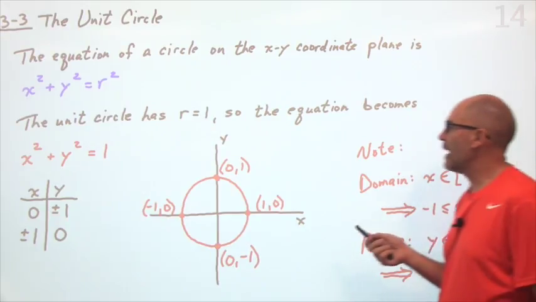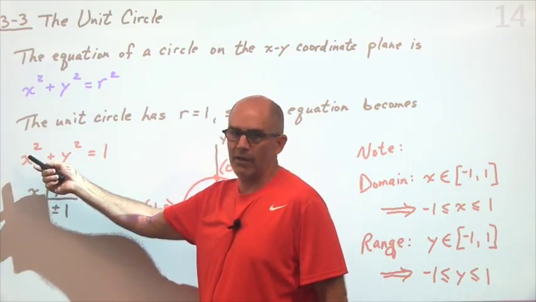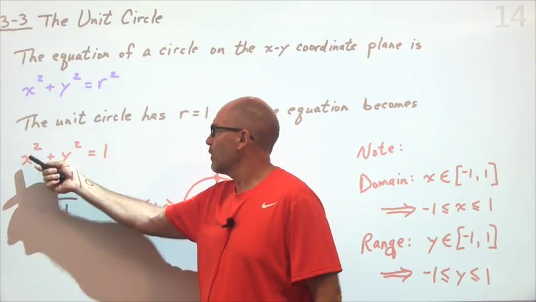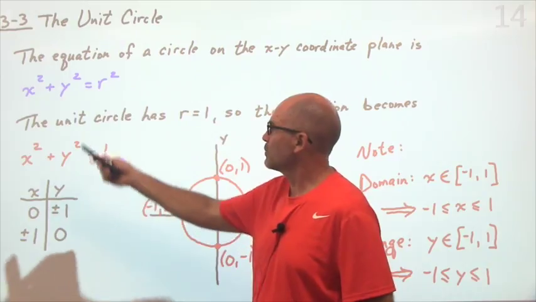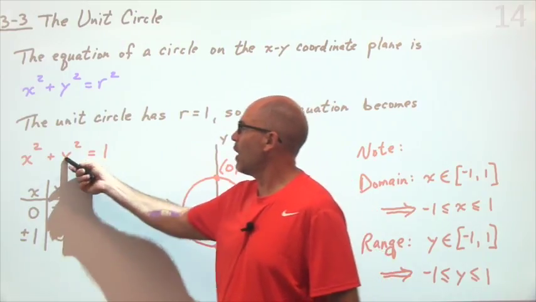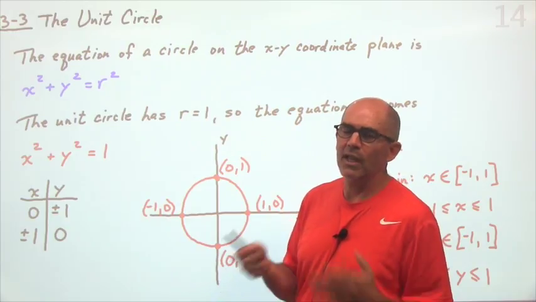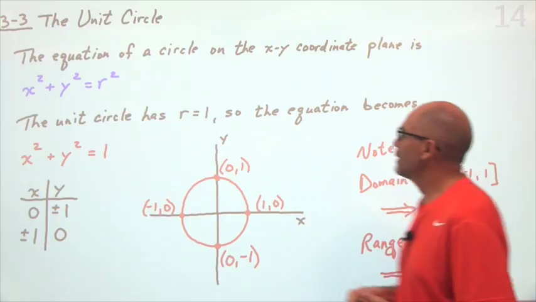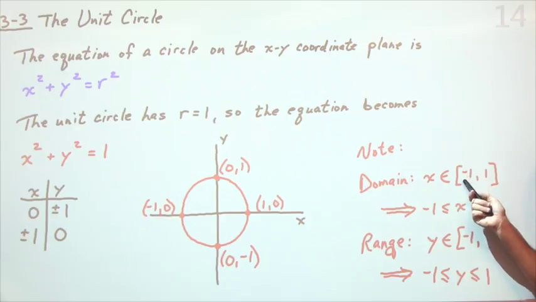Well, if I put in a number bigger than 1, let's say 2, then 2 squared is 4, so 4 plus y squared equals 1. If we subtract the 4 from both sides, then we have y squared equals negative 3. You can't square something and get a negative number in real numbers. So that means x can never be bigger than 1 or smaller than negative 1.